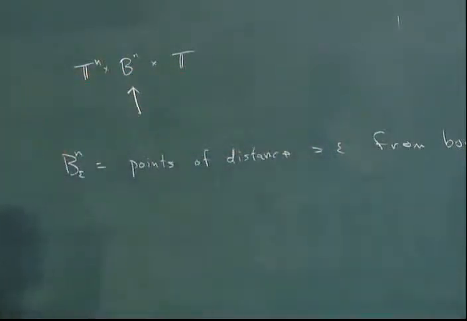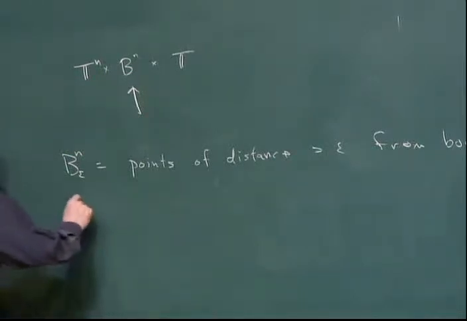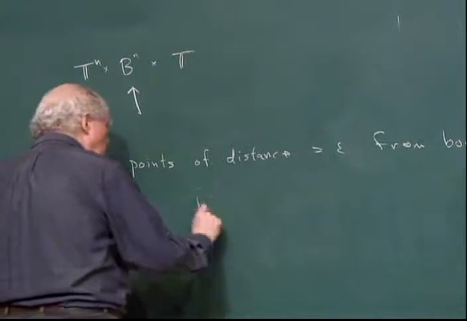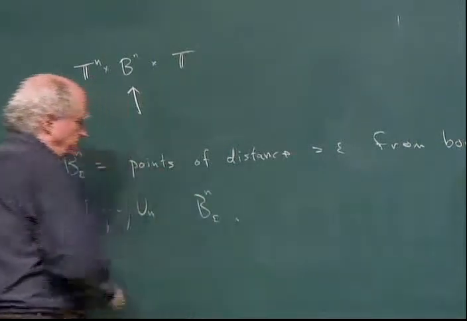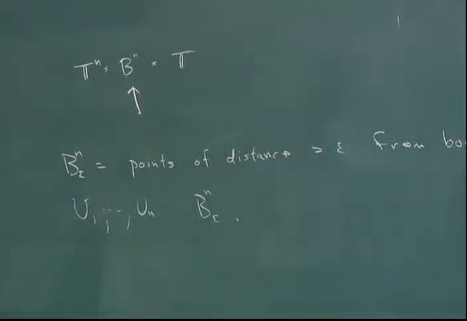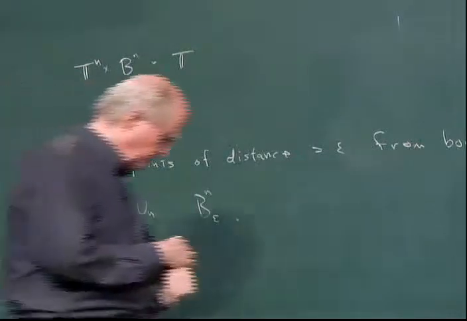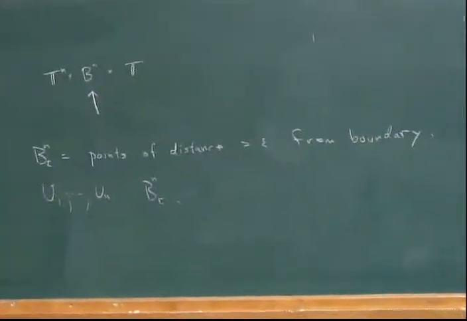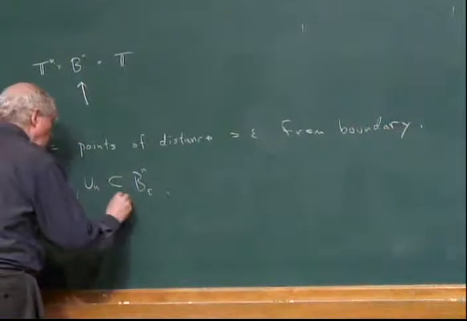So fix some epsilon greater than 0 and take those points. And now I take U1 up through UN contained in B epsilon n, and so these are open sets.